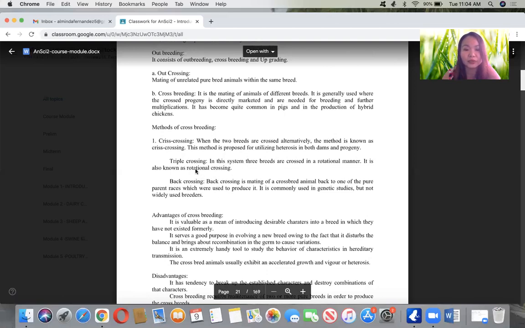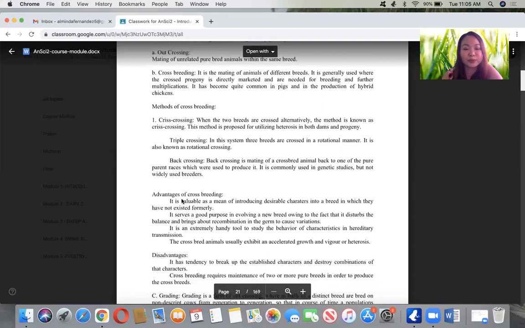In triple crossing, three breeds are crossed in a rotational manner, so it's known as rotational crossing. In back crossing naman, it's mating of a crossbred animal back to one of the pure parent races. So binalik siya sa grandfather or lolo. It's commonly used in genetic studies but not widely used for breeding.